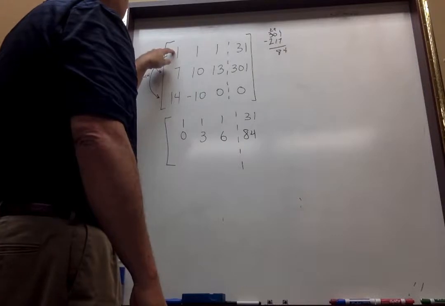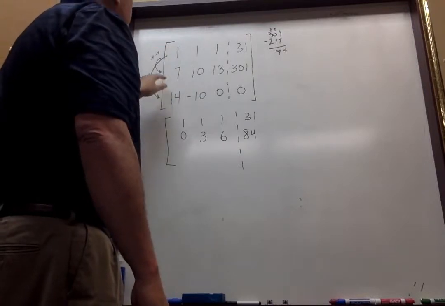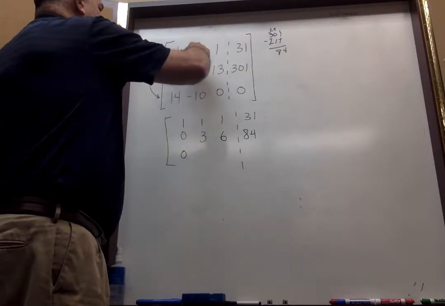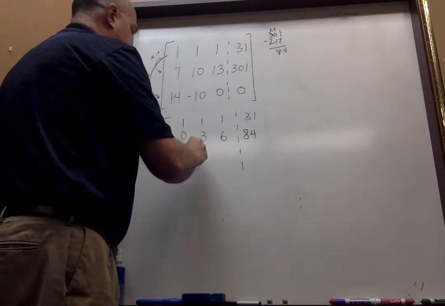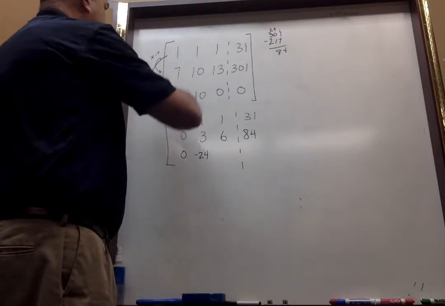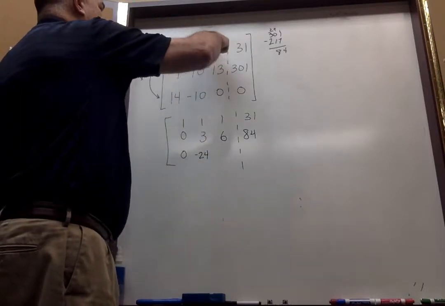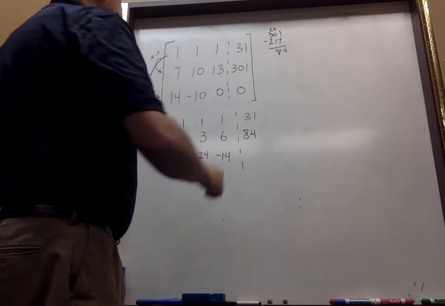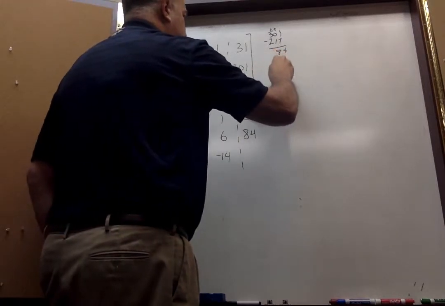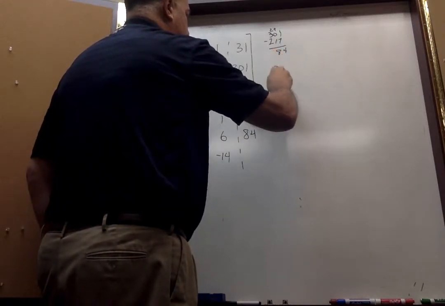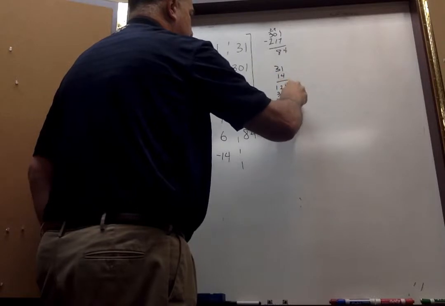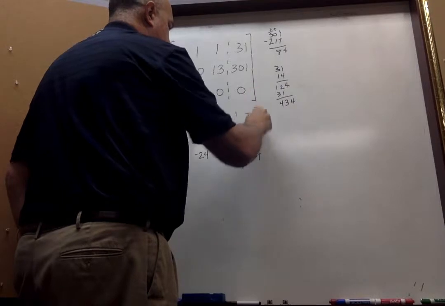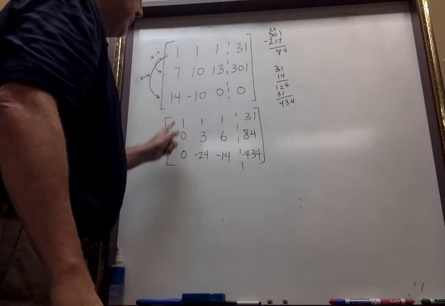So 1 times -14 is -14 plus 14 is 0. 1 times -14 is -14 plus -10 is -24. -14 times 1 is -14 plus 0, and that's -14. And -14 times 31 looks like -434. Okay, so got my first column.